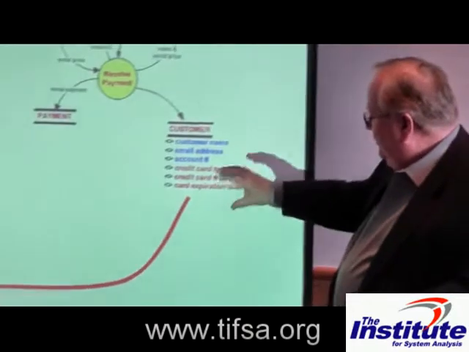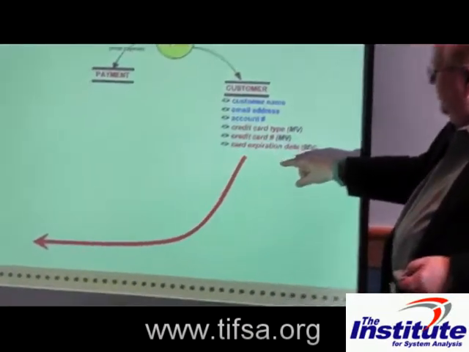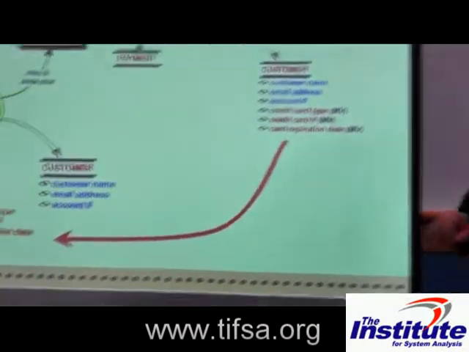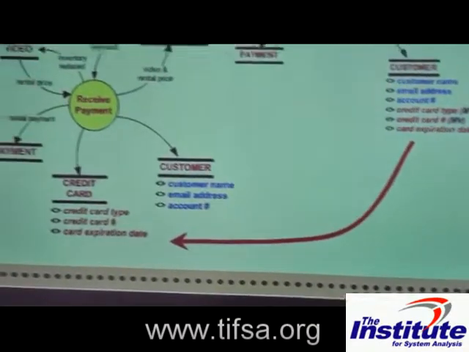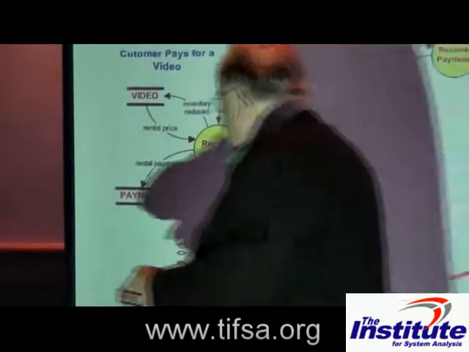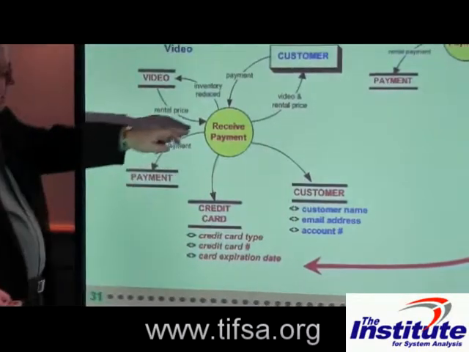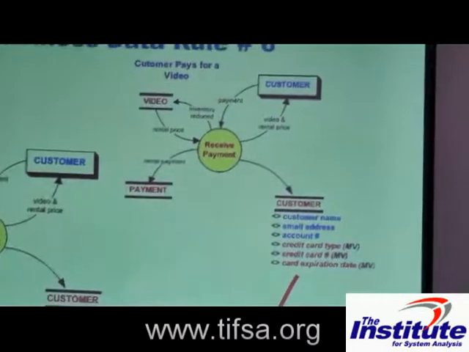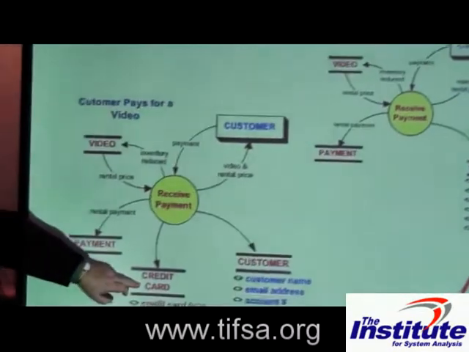We're going to take these data items, the ones in red here, about the credit card information only, and we're going to create a new object, and I'm going to call it credit card. So now, instead of receive payment looking like this, it now looks like this, and we've added credit card here.